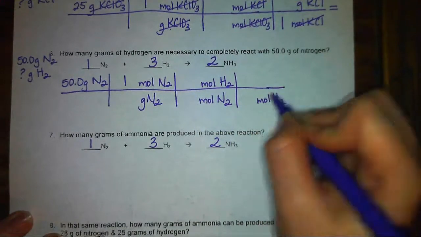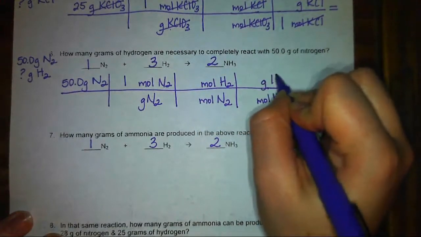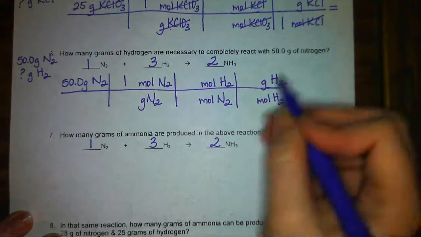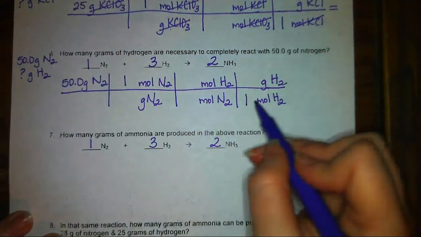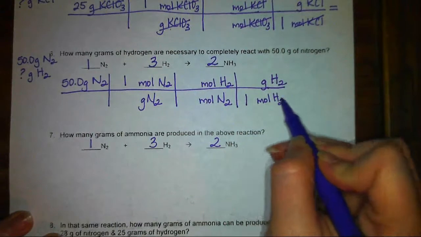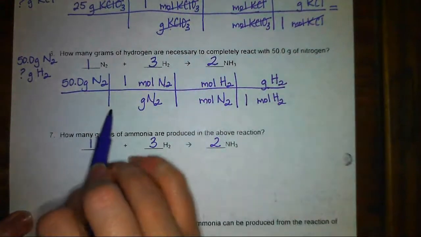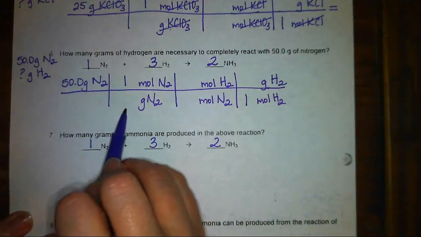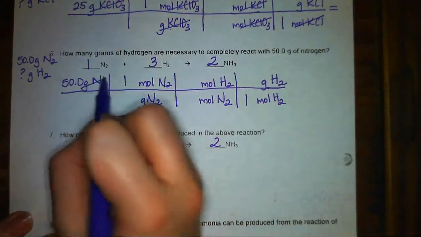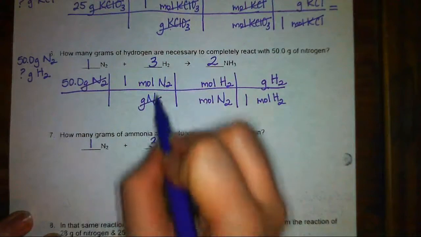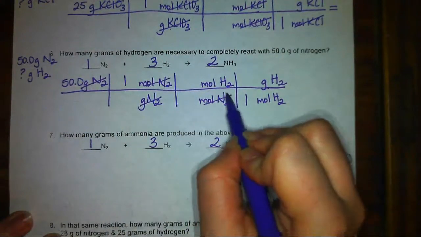I can go from moles of one substance to grams of that substance. I'm going to do so by finding the formula weight. 1 mole of hydrogen is going to equal its formula weight. Before you do your calculation, you need to check that you've gotten the units correct. Those units cancel. These units cancel.